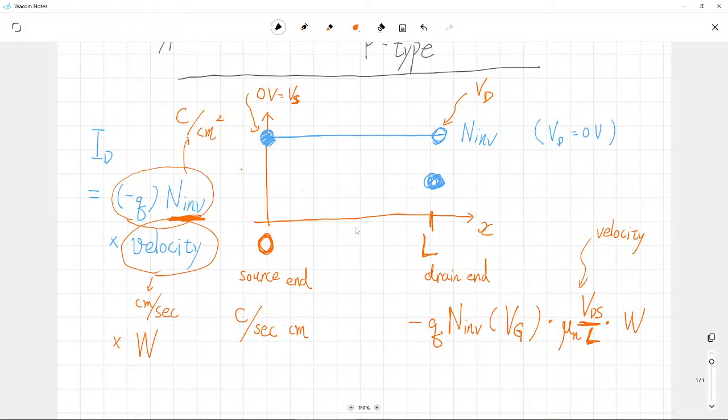Okay, so I would say yes, that will be our drain current when inversion charge is solely a function of gate voltage. That will be the case. Of course, here we have a very annoying sign. Why do we have a negative sign?